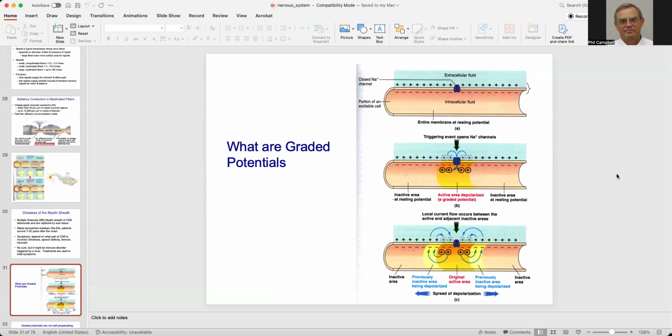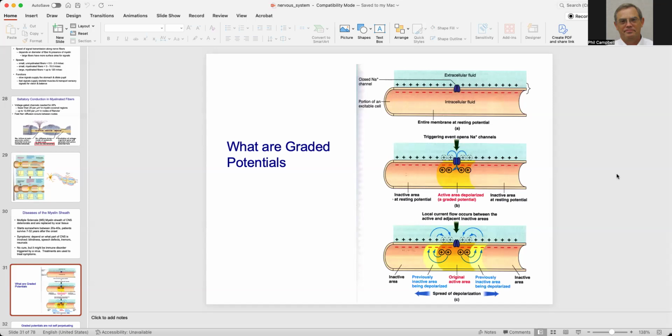Those are action potentials. So let me give you a brief review before we start on graded potentials. Action potentials, when I initiate them, they always go to plus 30. So action potentials are actually all or none. Number two, they are individual wavelets because they have to go to plus 30 and then come back down.